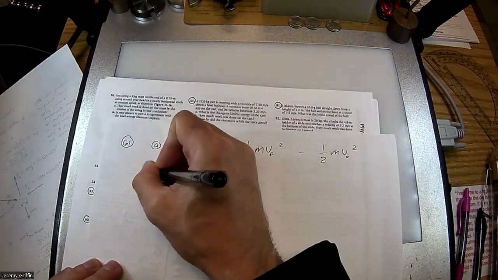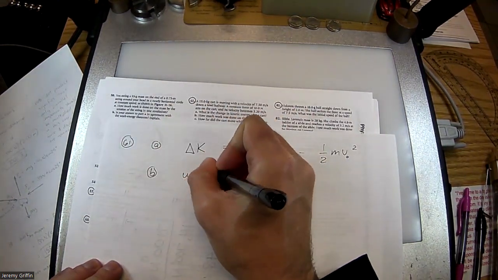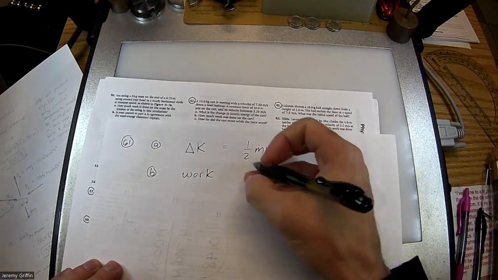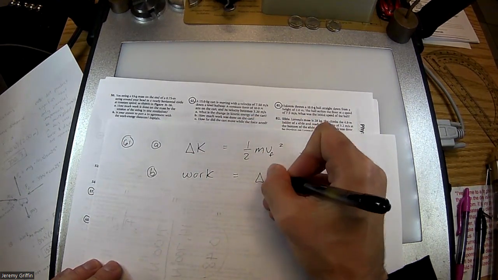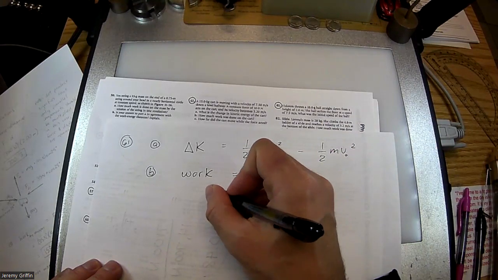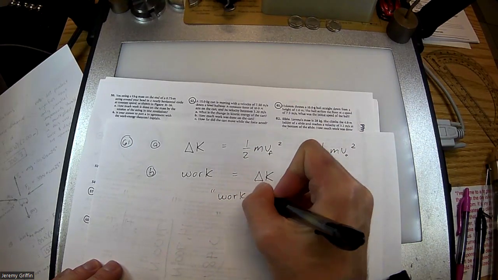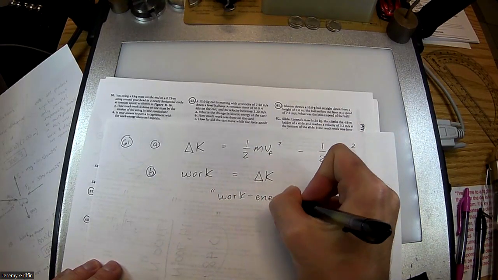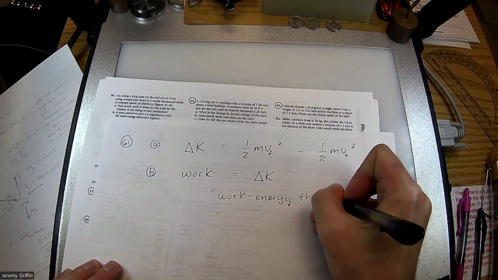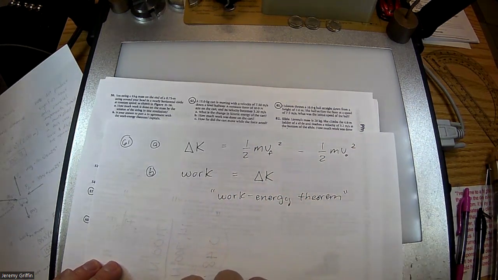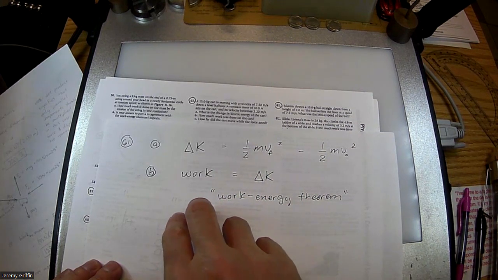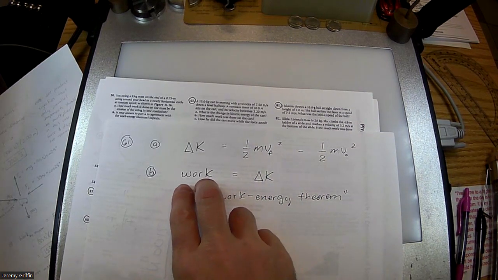Okay. Question B. How much work was done on the cart? Well, that would be the change in kinetic energy. That's something called the work energy theorem, right? So whatever work you do on something is a transfer of energy, right?